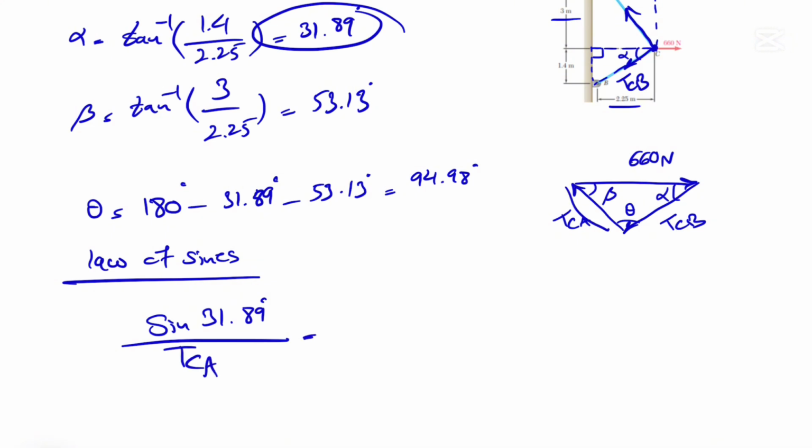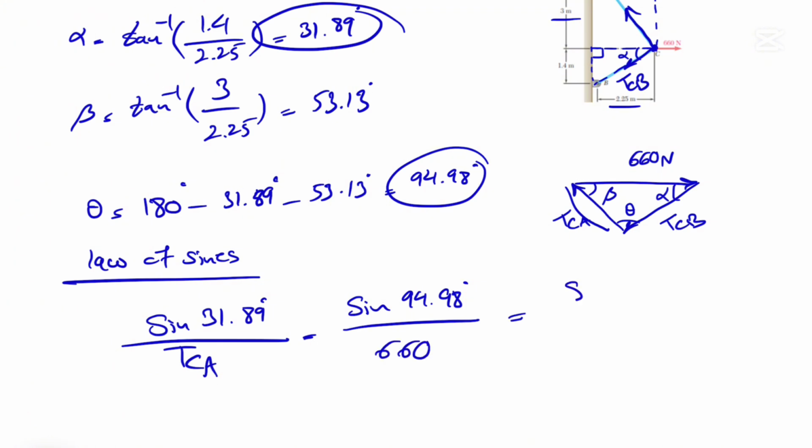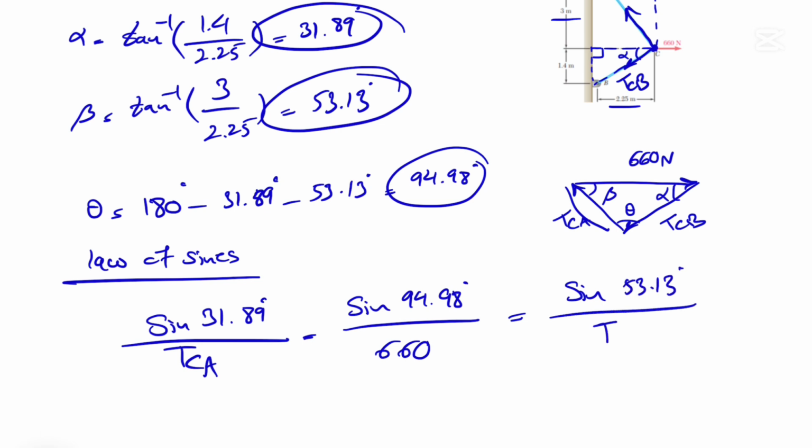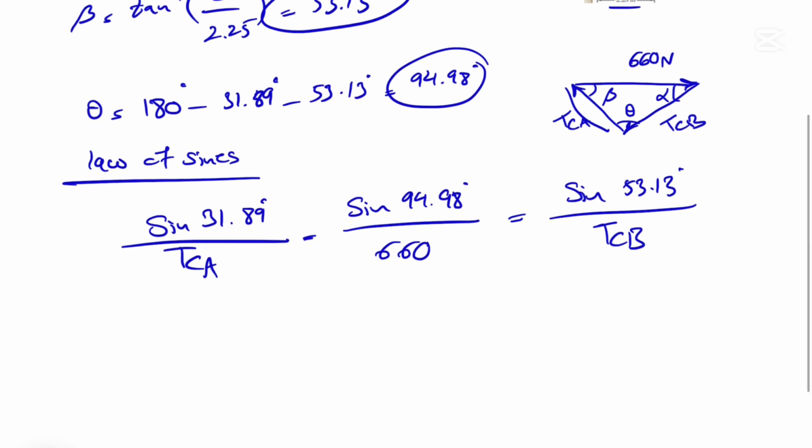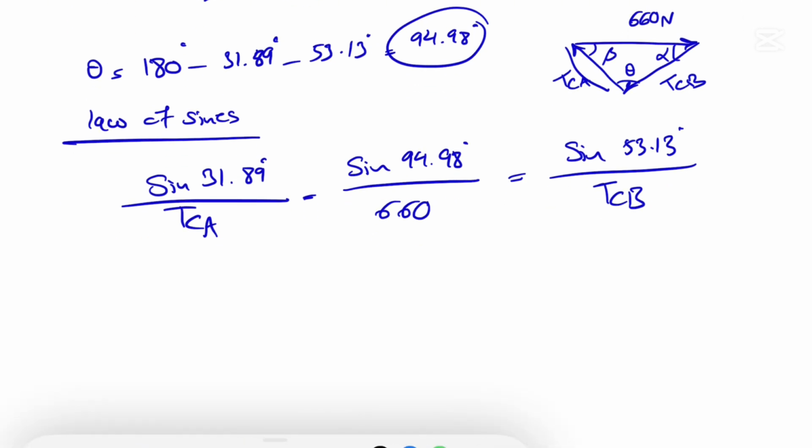We have sine of theta, which was 94.98 over 660 newtons, and we have sine of beta, 53.13 degrees over TCB. And now we can find the two unknowns that we have.